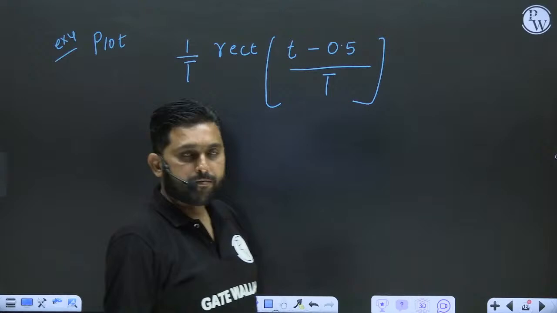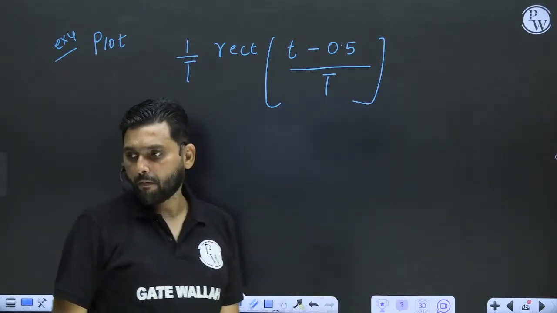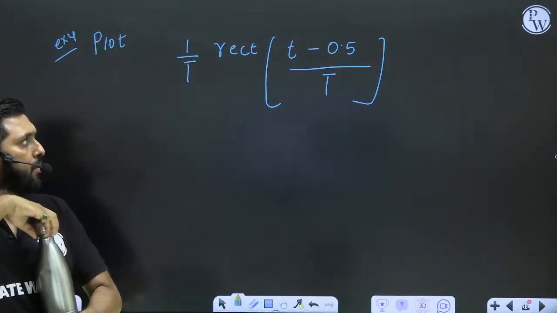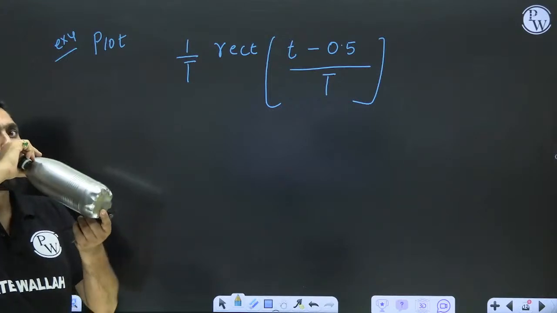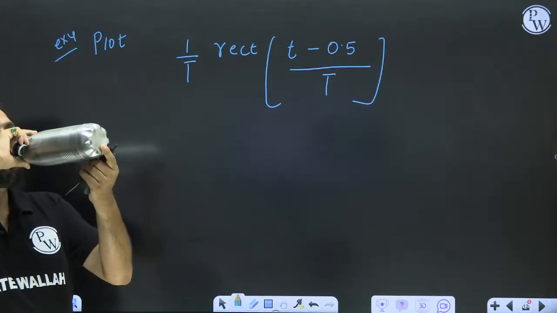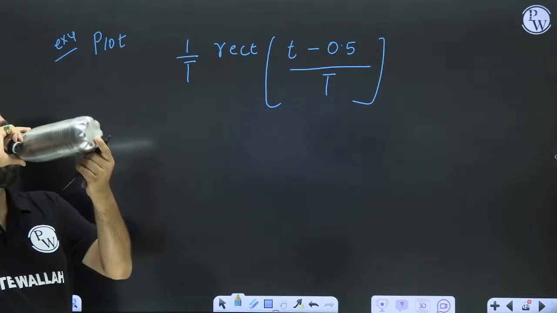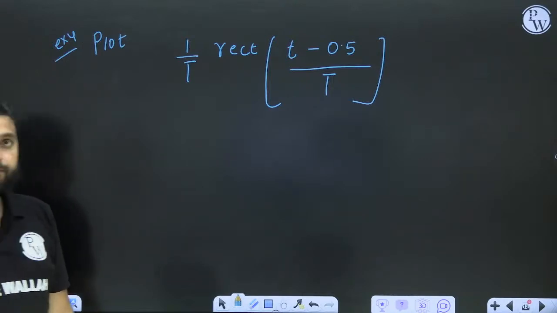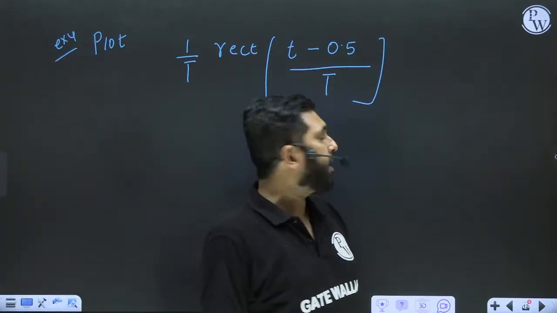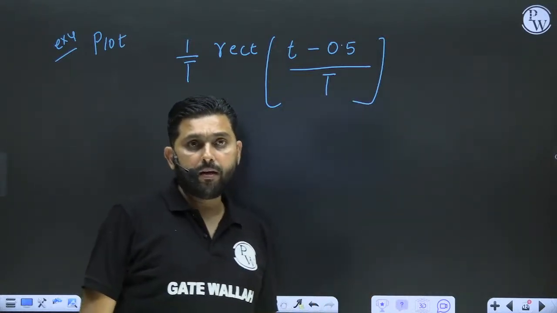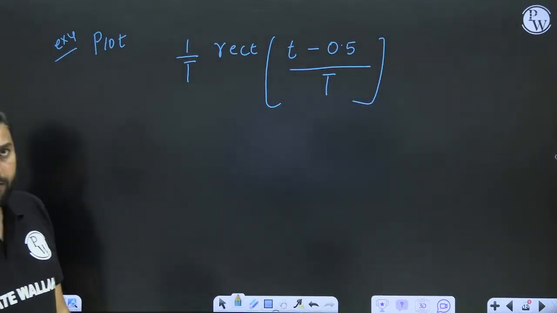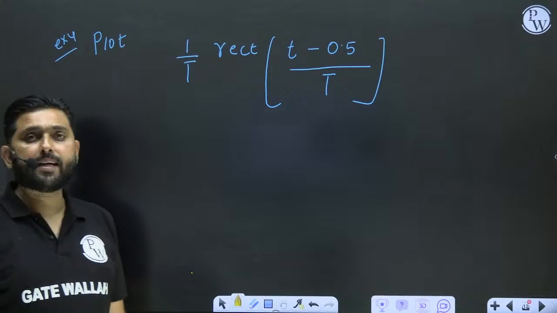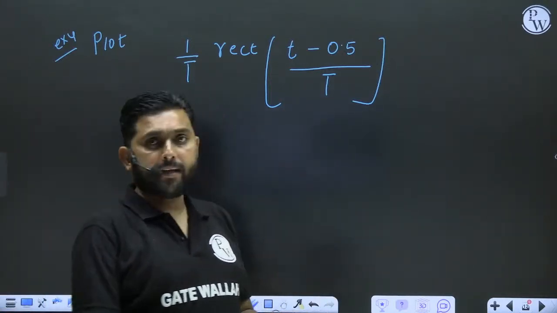Let's plot this one. Come on, do it. 1 by T rect (t minus 0.5 T) by T. Let's do it.